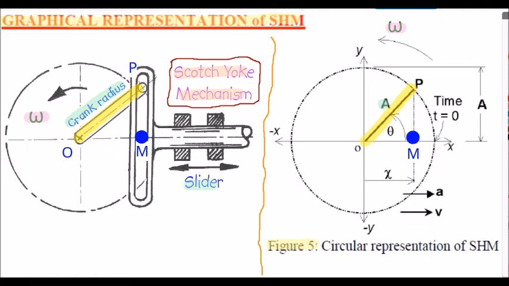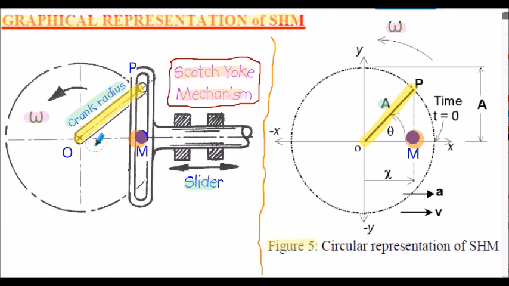In figure 5, it's a projection of P onto the horizontal, point M here, that is moving with simple harmonic motion as the phasor OP rotates one complete revolution. So point M makes one complete horizontal cycle across the x-axis. This is analogous to point P on the crank projected onto the horizontal axis.